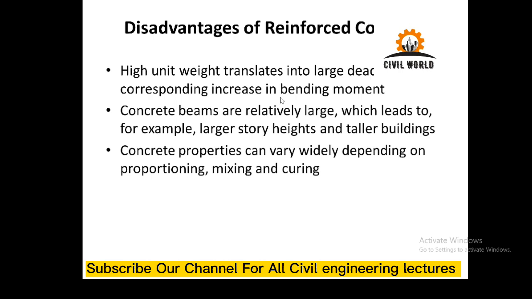Thus, they are dependent upon the workmanship. Quality control may be limited when compared to steel construction, which is cast in a factory in a quality controlled environment. So variation may be a lot higher compared to steel structures.